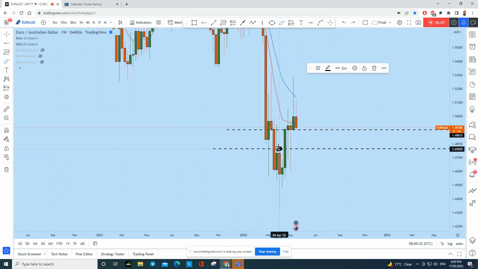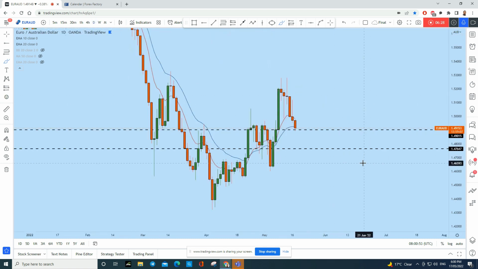It's a very, very strong support, and there is a high probability that EUR/AUD will come here to test this previous resistance as a support, and maybe will push to the upside or even could drop to the downside. So this is the next area of value where we can expect EUR/AUD could drop. Now let's go to the daily time frame to see what's happening.